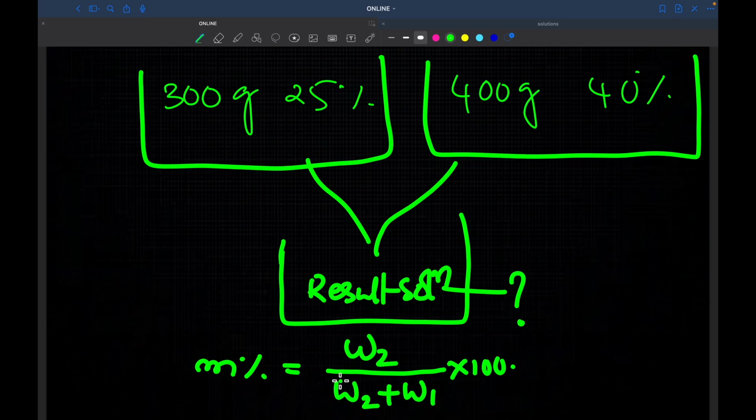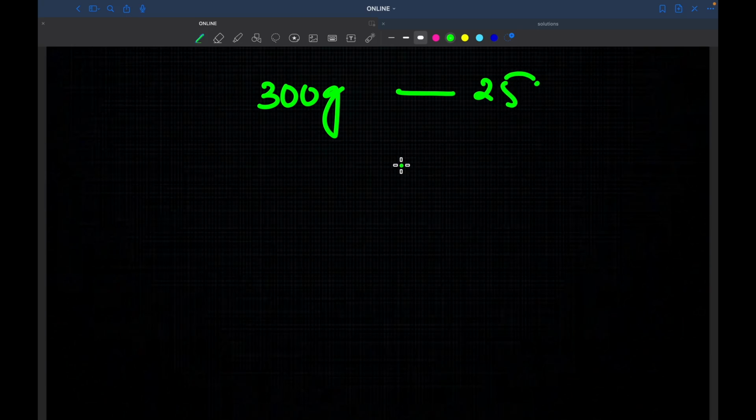Okay, how do you do it? Here, 300 grams of 25% solution. What do you understand by this? Look, you are given 300 grams whose percentage is 25%. So how many grams of solute is there?